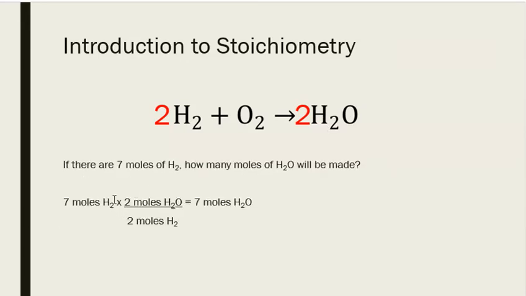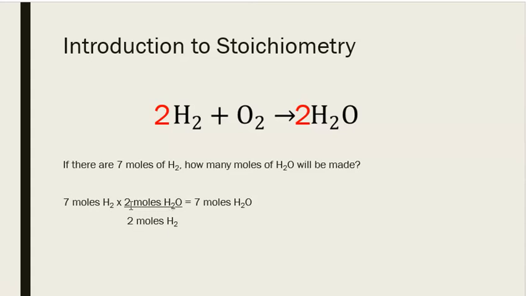So, just like you have been doing with mole conversions, we set up an equation. We start with what we're given. So I start with 7 moles of H2, because that's my given, and now moles of H2 needs to go on the bottom so that my units cancel out, and I'm converting it into moles of H2O.